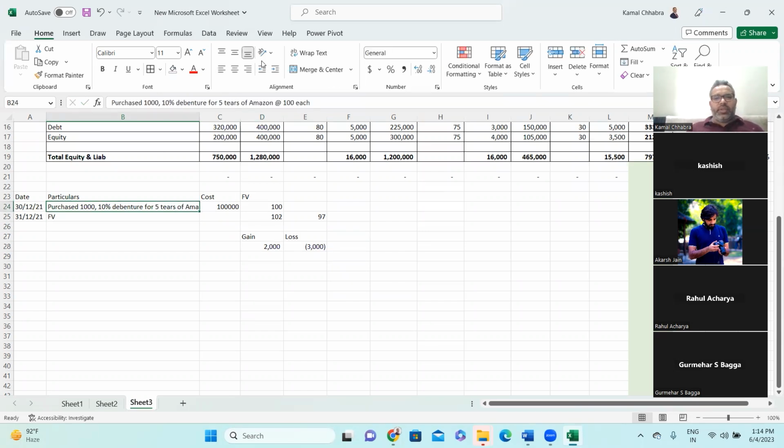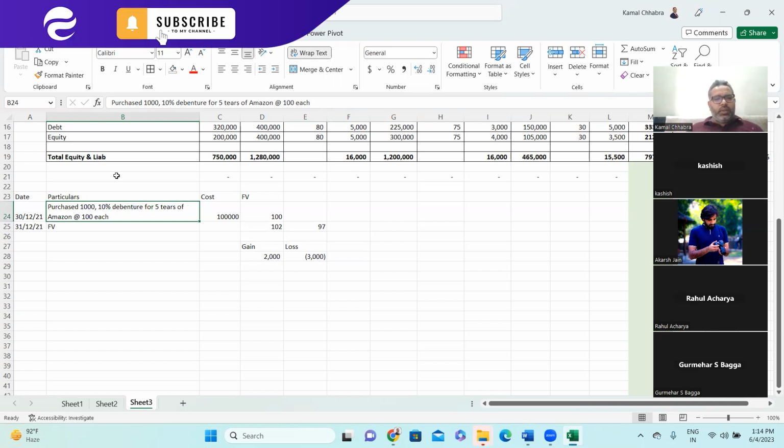So maybe I'm just extending this current example. You have purchased 1,000 10% debentures of Amazon for 5 years at $100 each.